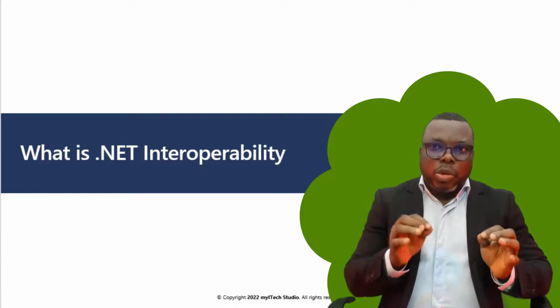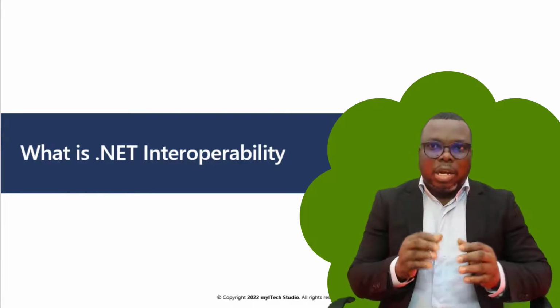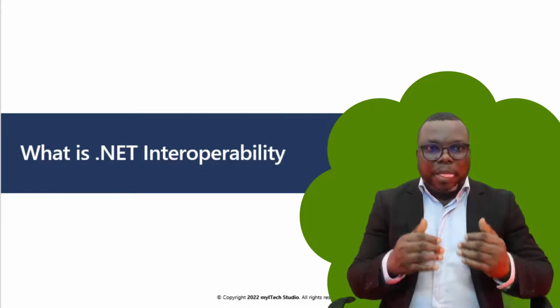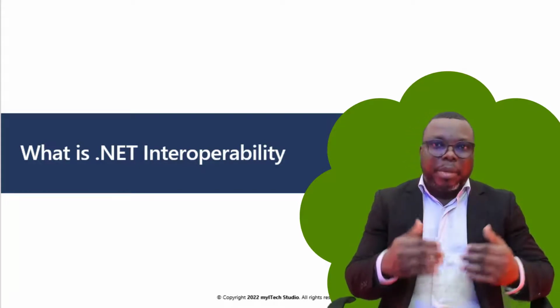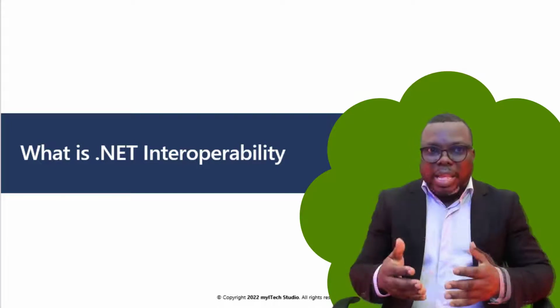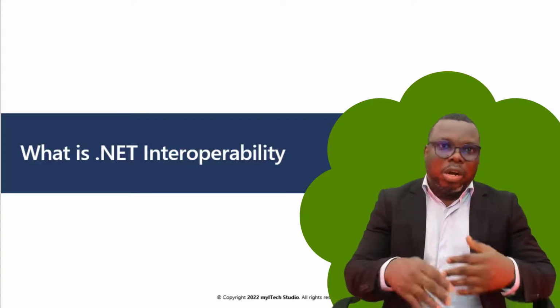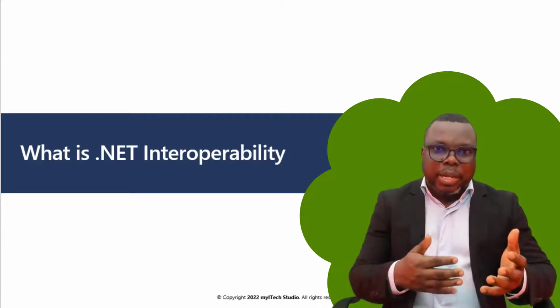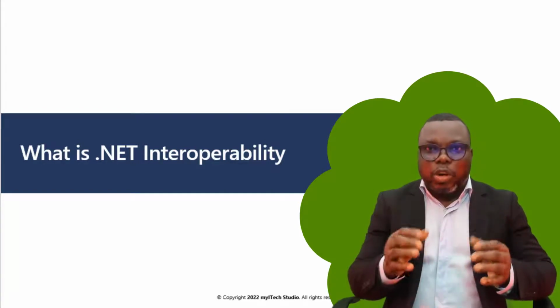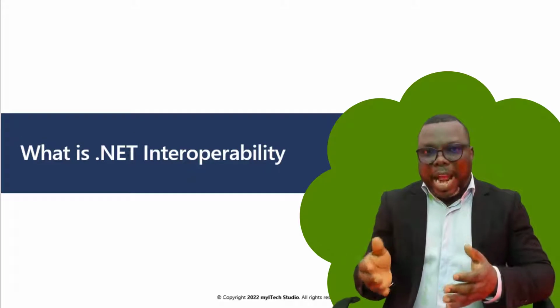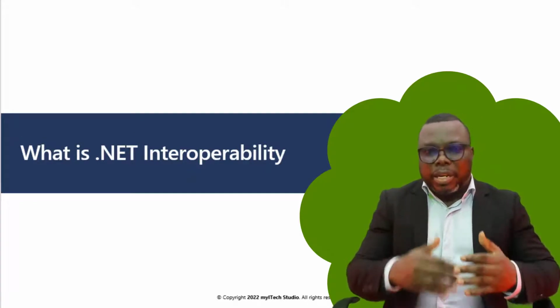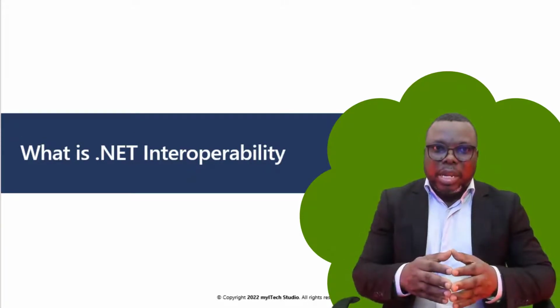Examples of unmanaged code are COM, COM+, C, C++ components, ActiveX components, and Microsoft Windows API. In the unmanaged world, or in the unmanaged code environment, the programmer is in charge of pretty much everything. It simply means that the programmer has to add everything from beginning to end all by themselves.